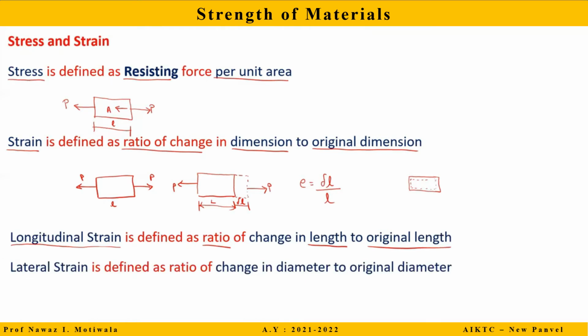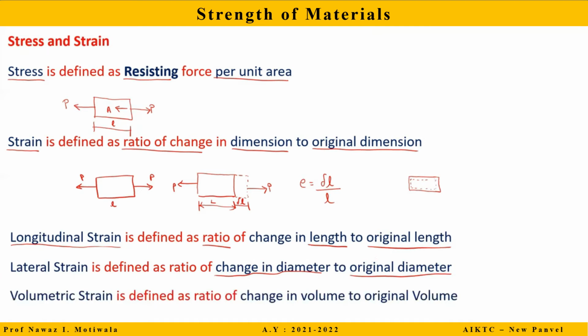Lateral strain is defined as the ratio of change in diameter to original diameter, because it is the lateral dimension of the object. The third one is the volumetric strain. Again it is on similar lines. Volumetric strain is defined as the ratio of change in volume to the original volume.